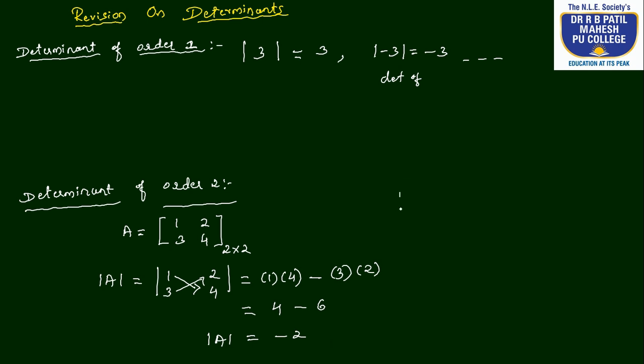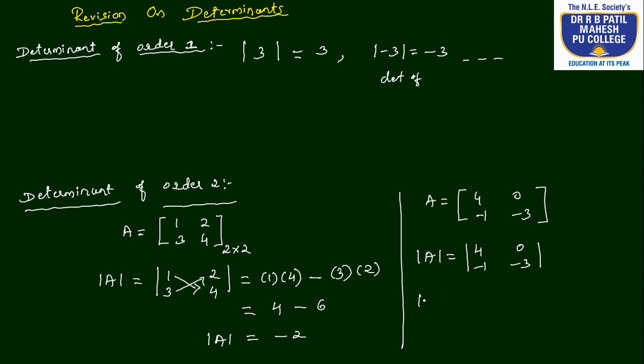Suppose the matrix A is equal to 4, 0, minus 1, minus 3. And what is its determinant? Determinant of A is equal to the notation. Be confident about the notation, matrix and determinant. So this is the determinant and its value is given by cross multiplication. 4 into minus 3, let me write once again, 4 into minus 3, here the minus sign will be there, and minus 1 into 0.